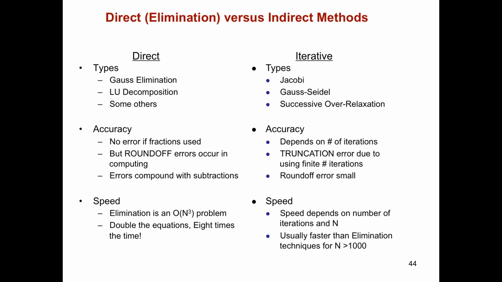And in speed, these are so-called O(n^3) problems. So if I have n by n equations, I'm doing some multiple times n cubed operations. And operations are multiplication, addition, division.